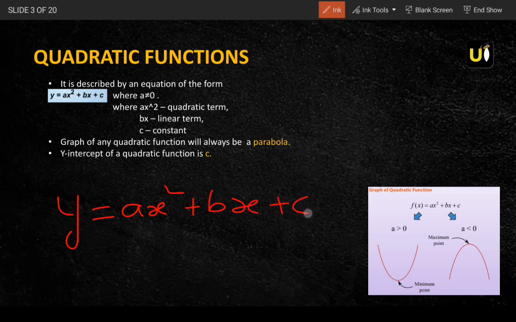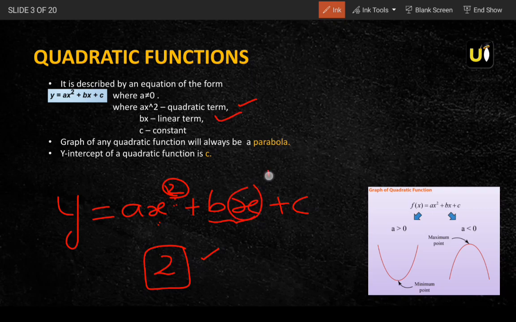As we have discussed in the previous chapters, the degree of an equation is the highest power in that whole equation. Here the highest power of x is 2, so the degree of the equation is 2. So ax square is the quadratic term, bx is the linear term as the x power is 1, and c is a constant.